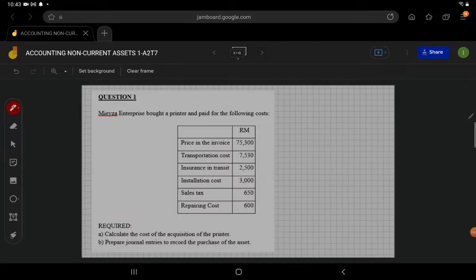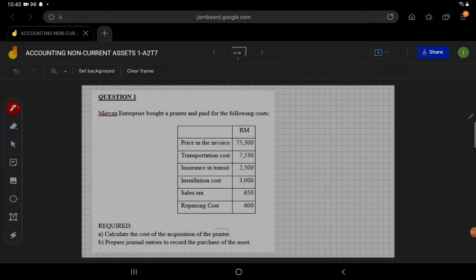This is your tutorial question, question number 1. You have to answer the question. Miza Enterprise bought a printer and paid for the following costs. This is the list of the costs involved, and then calculate the cost of the acquisition of the printer.